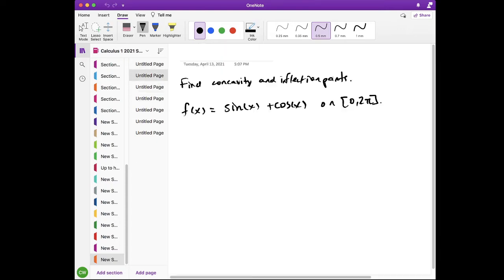Let's find the concavity and inflection points of this function here. Okay, so what do you need for concavity? What do you need to find? And for inflection points?